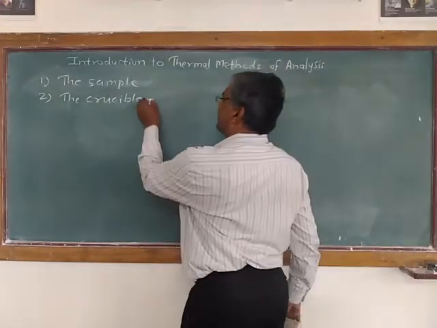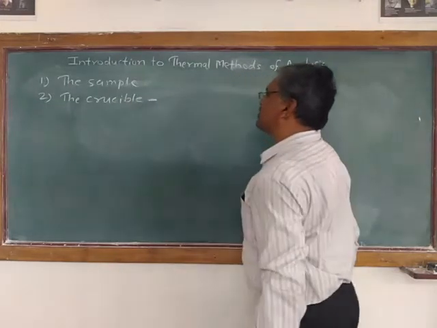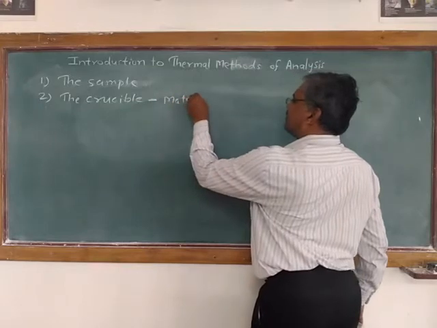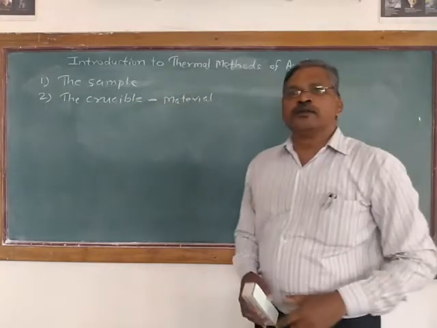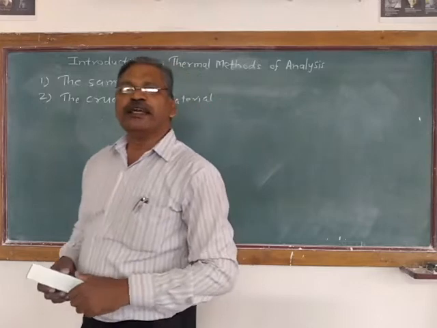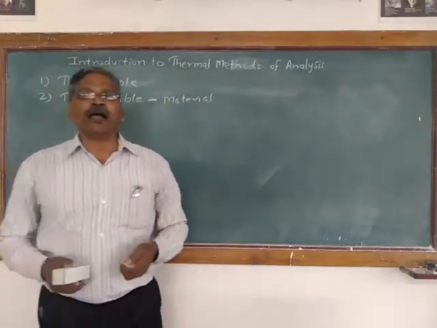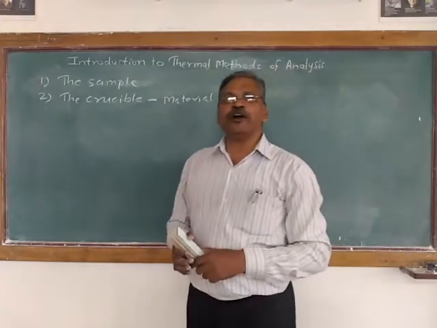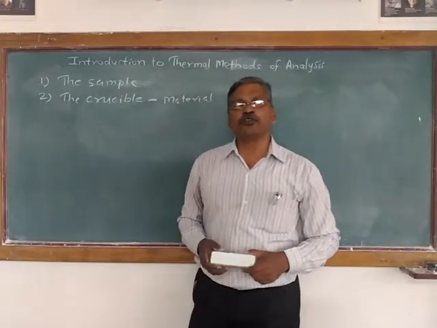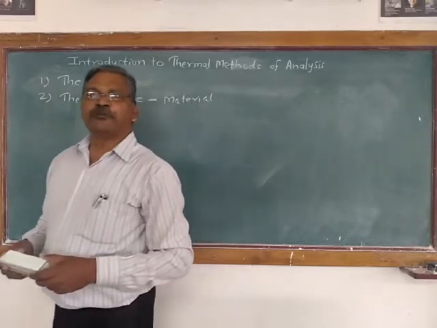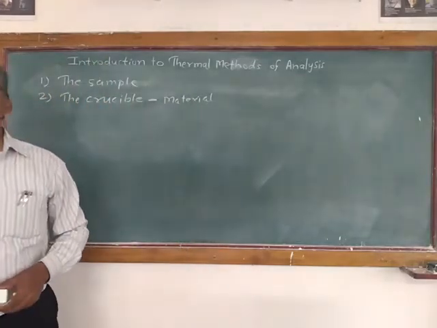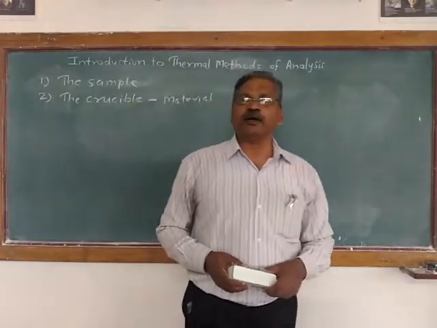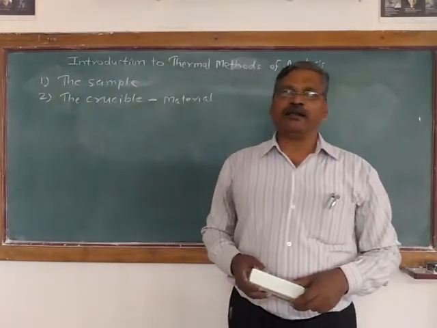So what material is used for the manufacture of this crucible should be stated, together with its grade and its geometry. So one should know the geometry of that crucible, whether it is a shallow crucible or a deep crucible. The sample holders are chosen because they will not interact with the sample during the course of the experiment.